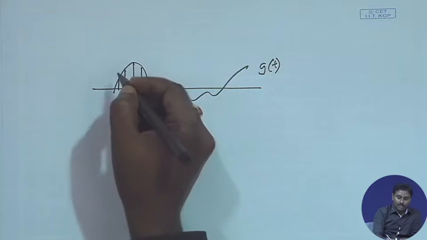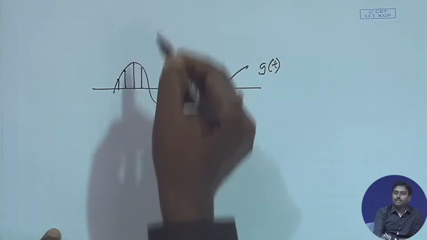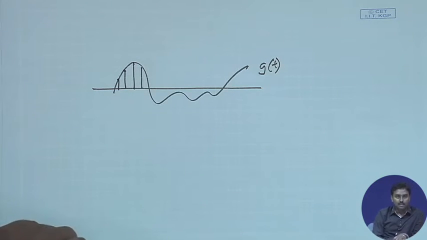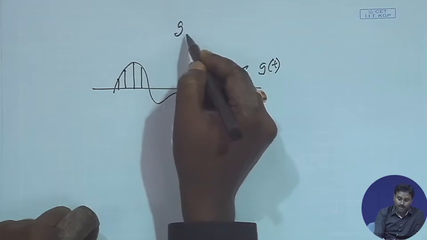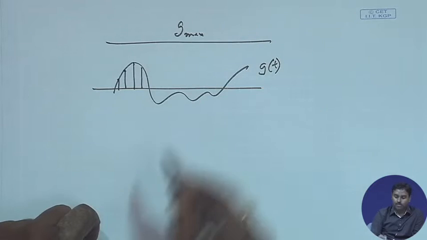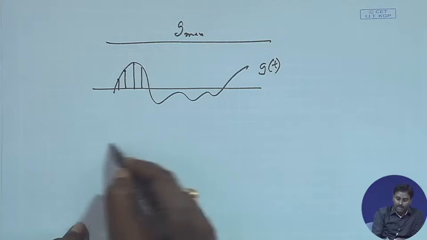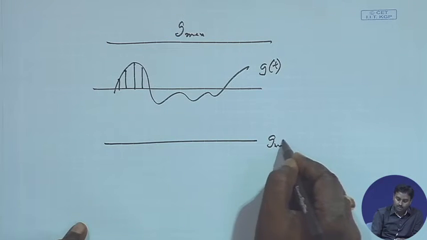Then we note the amplitude of those samples. We also note the maximum swing of this signal. So we know the maximum amplitude, g max, that it can go up to if I run the signal for the entire duration, and the g min of the signal.